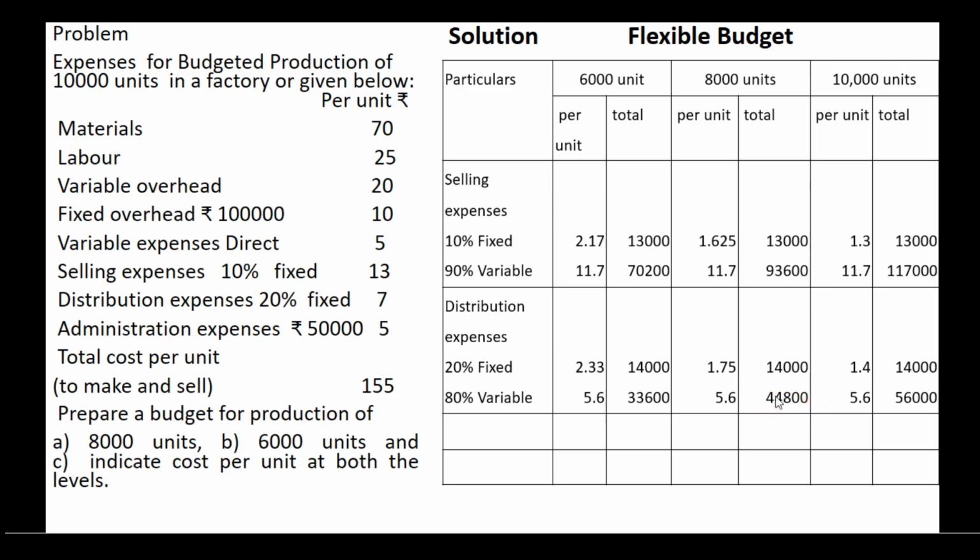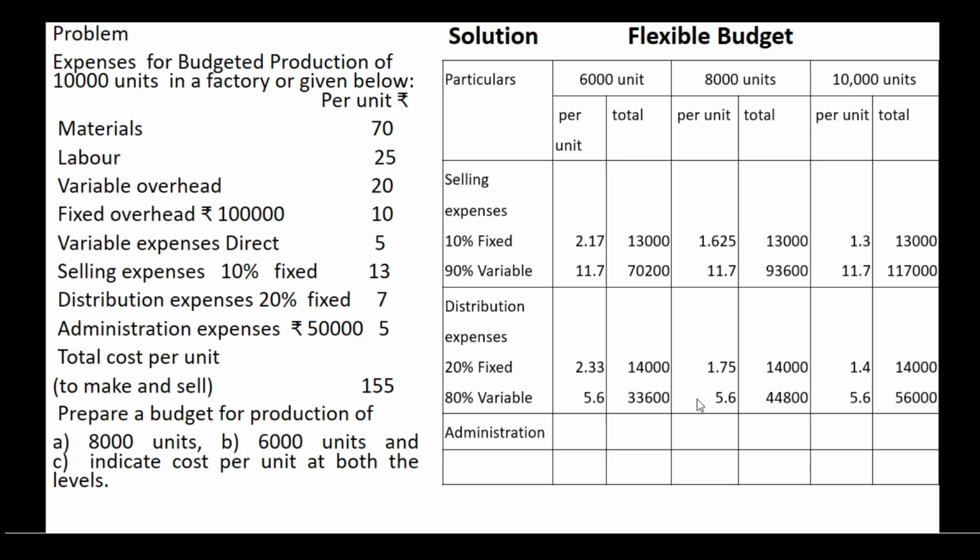And the next, that is the administration expenses. In the problem, for the administration expenses, the amount is 50,000 rupees. The cost per unit is rupees 5. Since the amount is given here, it is treated as fixed. So the 50,000 is constant in all levels.